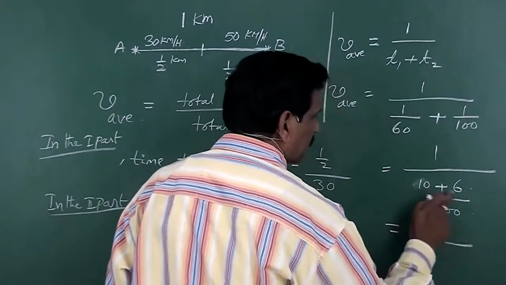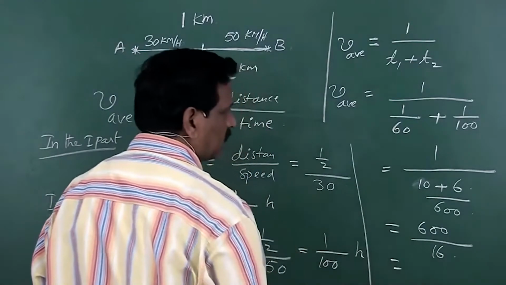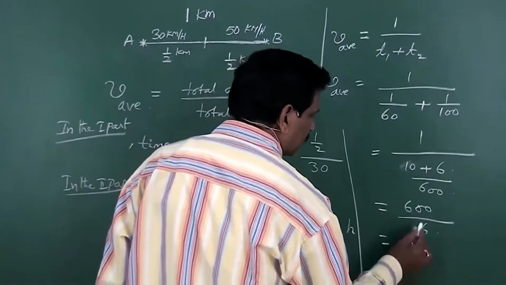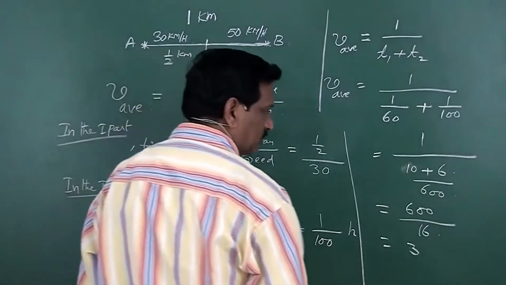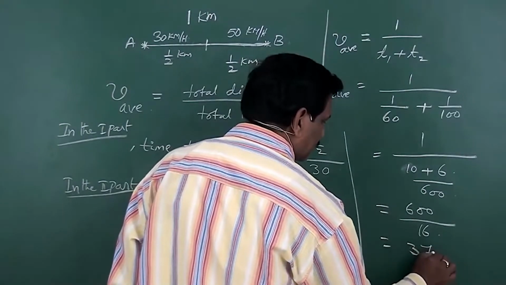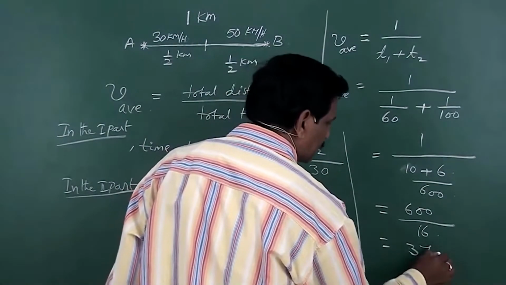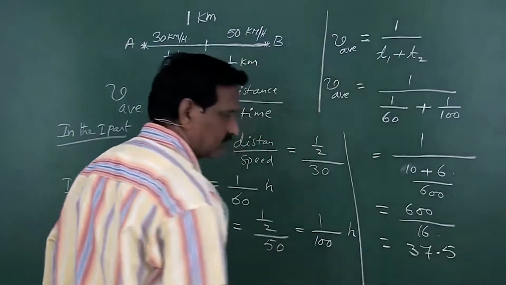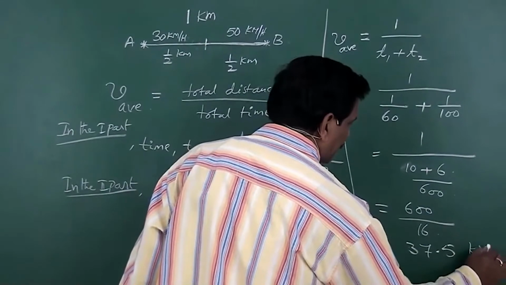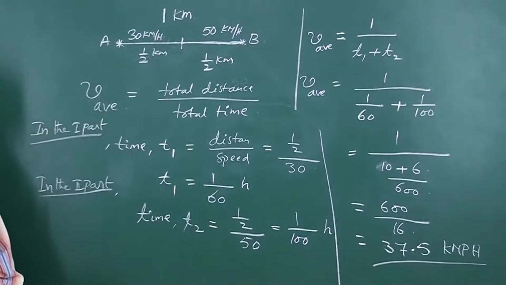So 600 by 10 plus 6 is 16. 16 3 times is 48, then 120. 16 7 times is 112, and there is 8. So 16 5 times. So 37.5 kilometer per hour. So this is the average speed of the car.